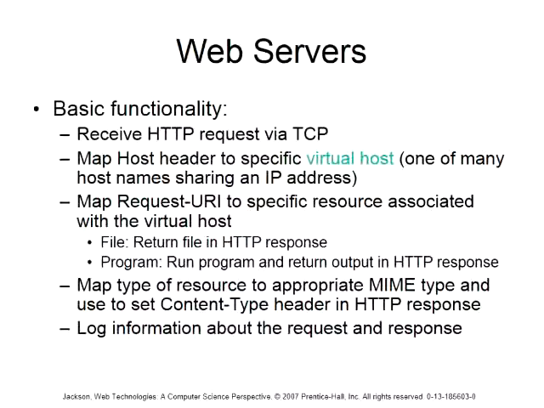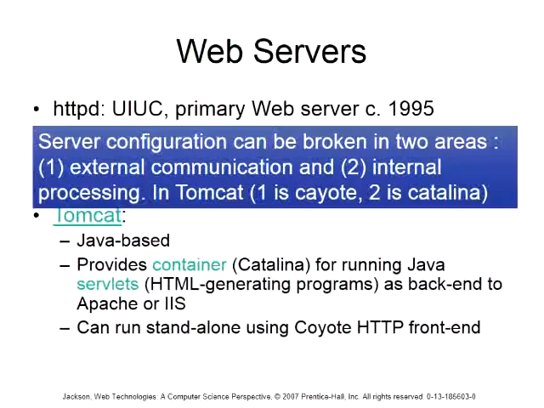And web server receive HTTP request via TCP and map host header to specify virtual host, and after that map request URI to specific resource associated with the virtual host, map type of resource to appropriate MIME type, and use to set content type header in HTTP response, and log information about the request and response.